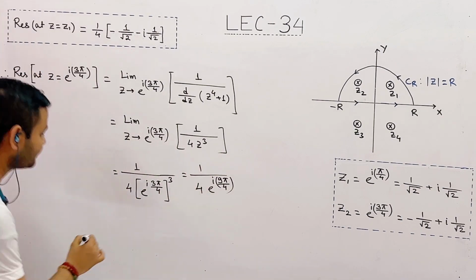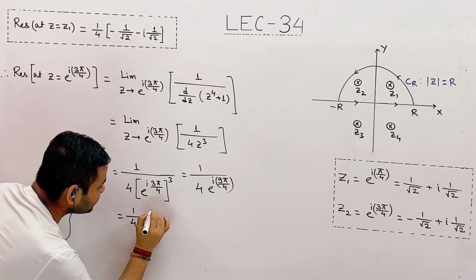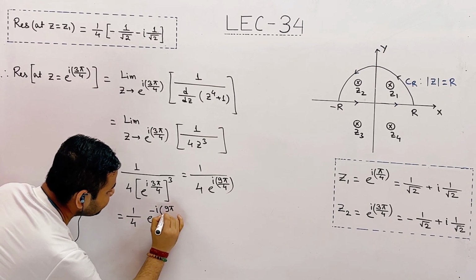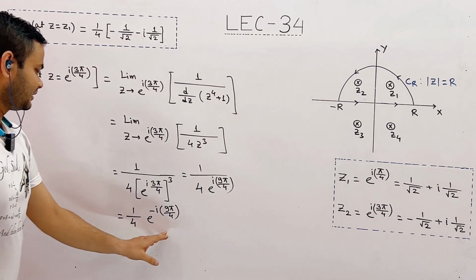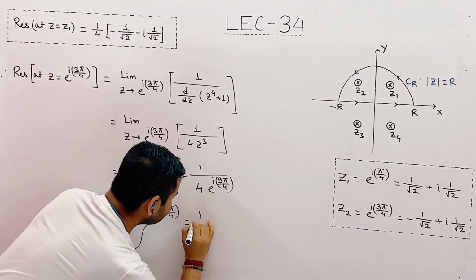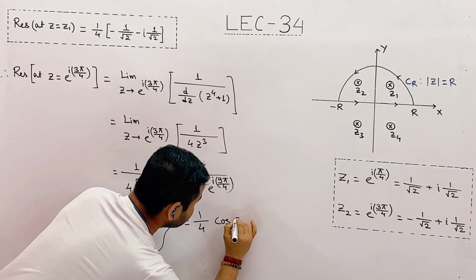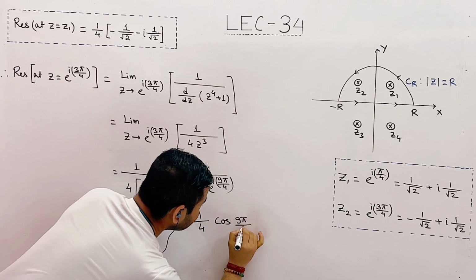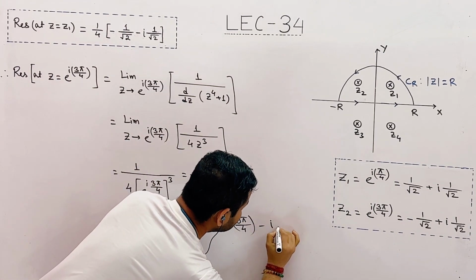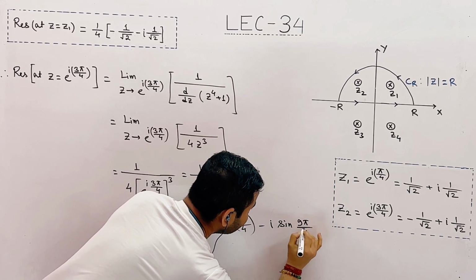So, this term can be written as 1 by 4 into e to the power minus iota into 9 pi divided by 4. Next, let us apply de Moivre's theorem. So, after applying de Moivre's theorem, we will get 1 by 4 into cos 9 pi divided by 4 minus iota into sin 9 pi divided by 4.